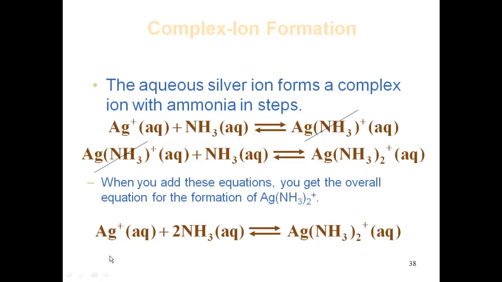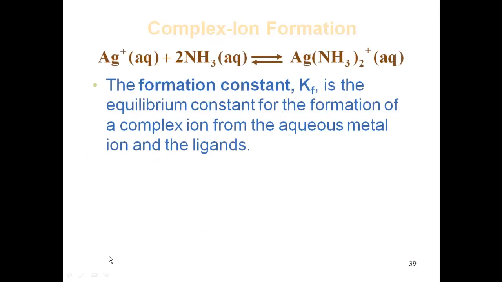As we said, there is an equilibrium established, so there's a formation constant. Let's talk about what that K is. The formation constant Kf is the equilibrium constant for the formation of a complex ion from the aqueous metal ion and the ligands. So we can write a K the same way we've done it before. It would be your products over your reactants with solids and liquids being 1.